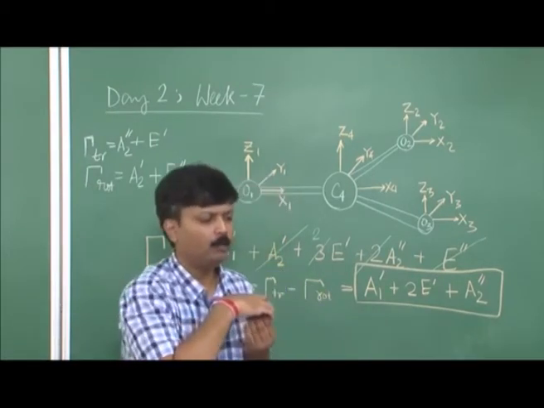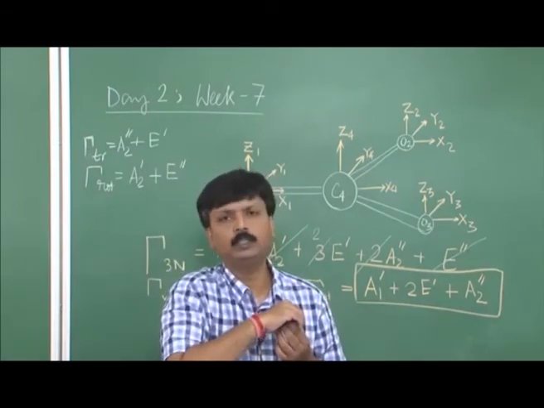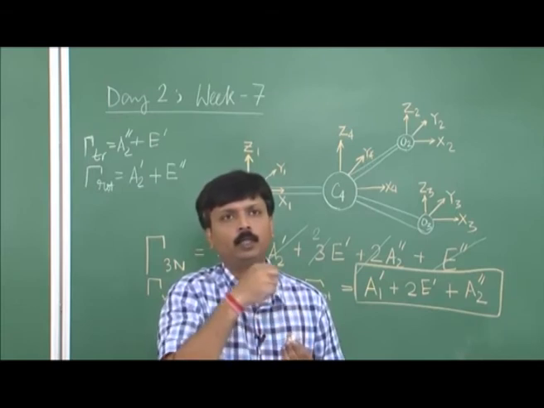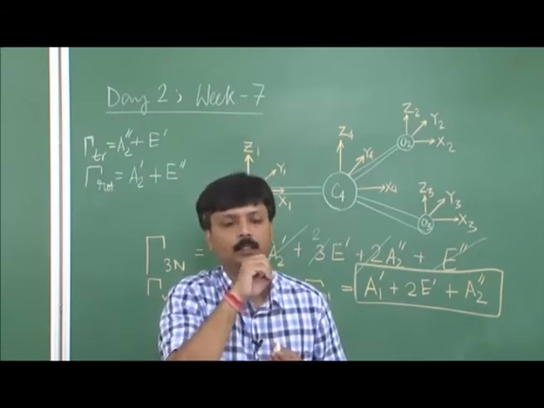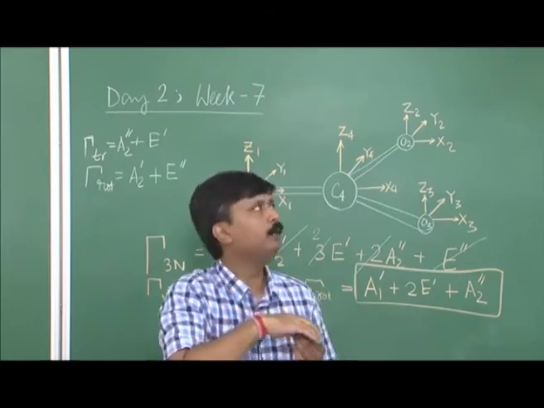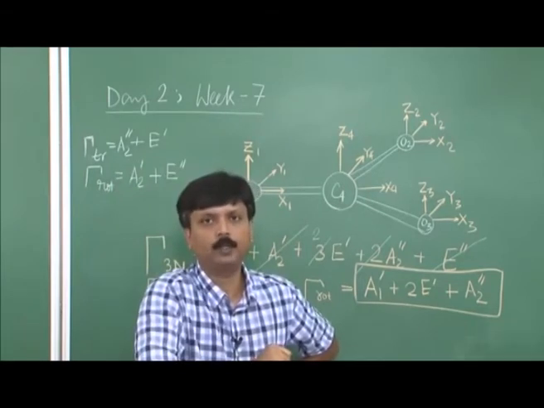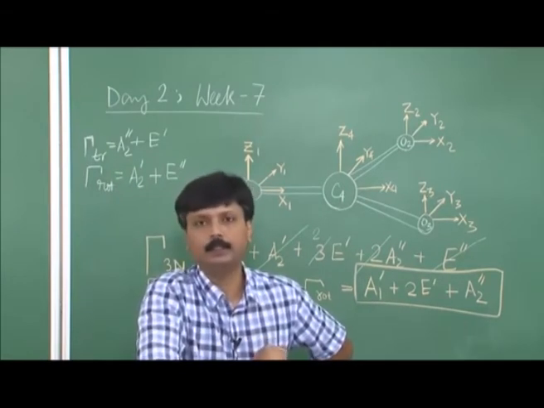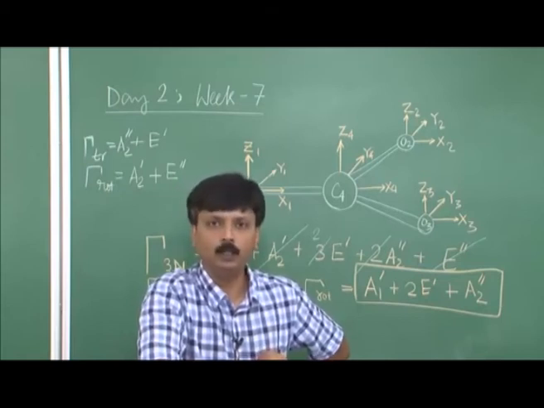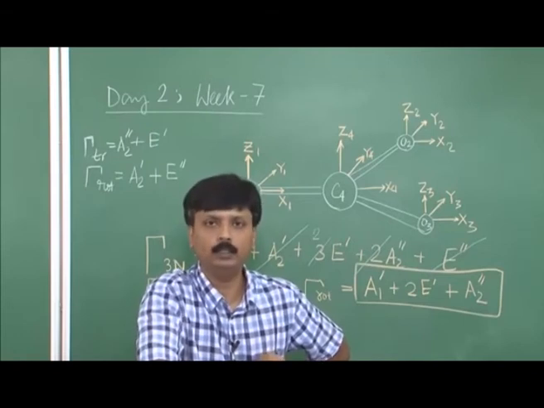So now having said all these things, the next question is, could we come to these normal modes and their symmetries without dealing with all these coordinate systems x, y, z and all these things? The answer is yes. So how can you do that? You can do it by taking the internal coordinates into account.